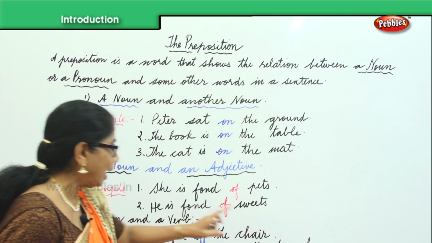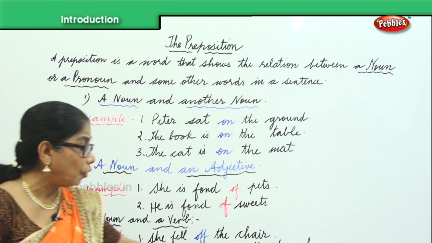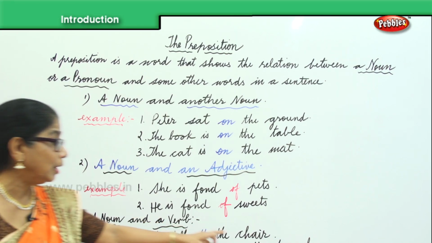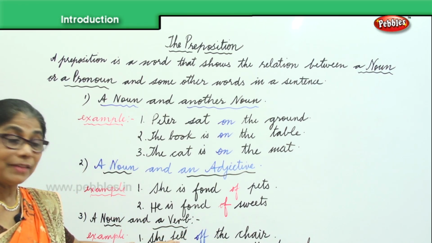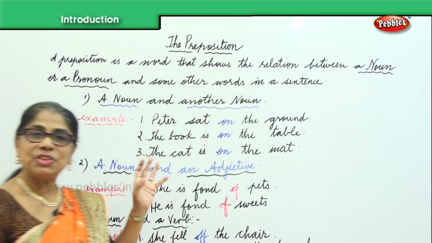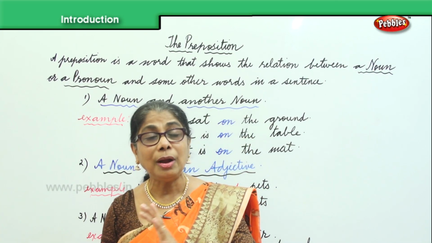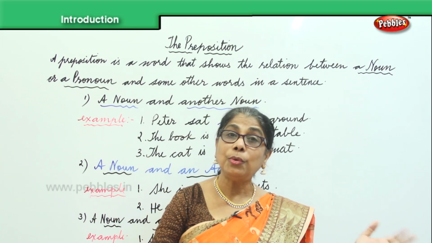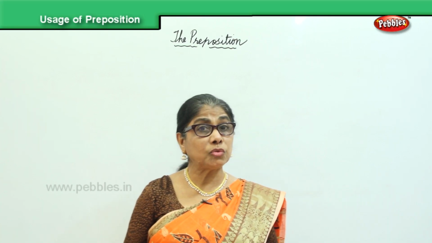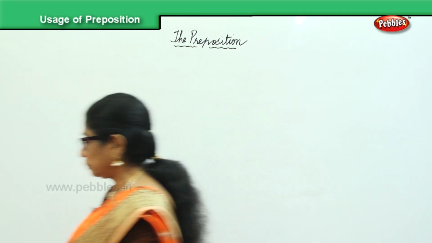And in the third part, the preposition of shows a relation between a noun and a verb. Chair and fell. Branch and fell. So, preposition is the word that shows relation between a noun or a pronoun or any other word in the sentence. We will do some more on the use of prepositions.